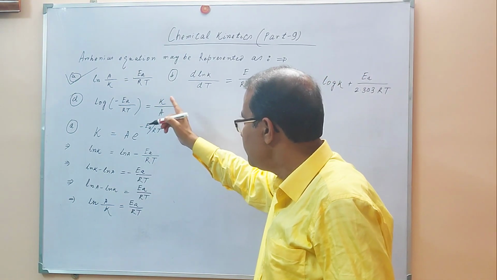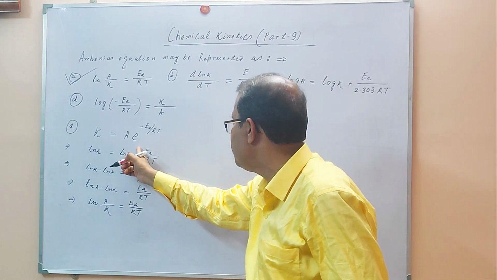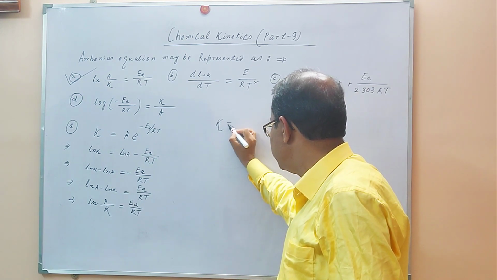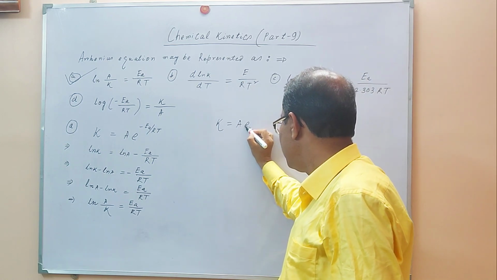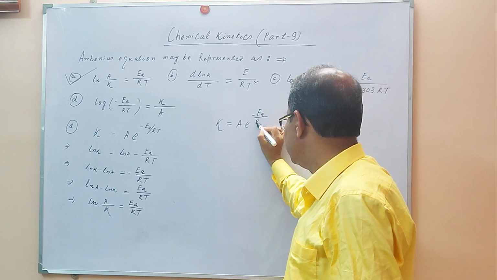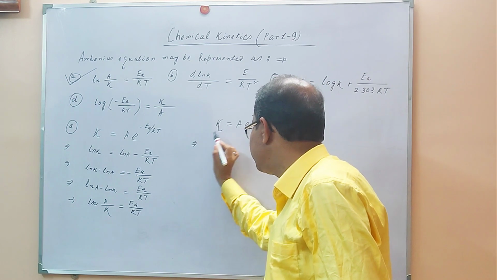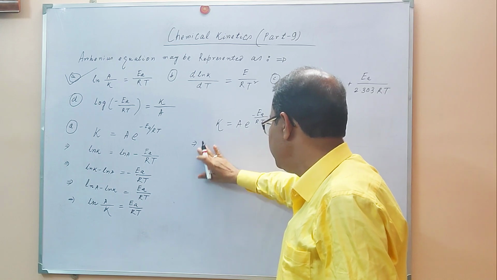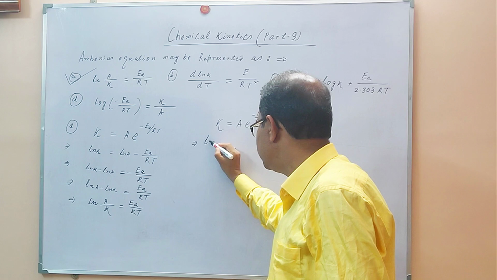Right? See, this is the form. This is the main form, and whether we are able to convert it into that form, that we have to see. Now, if we take the derivative of this, first we have to take the natural log of both the sides.